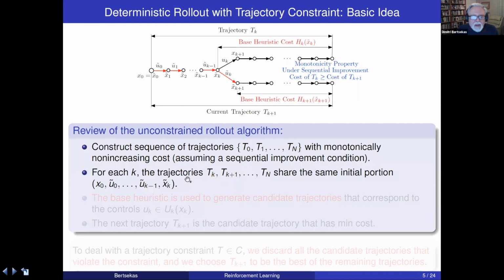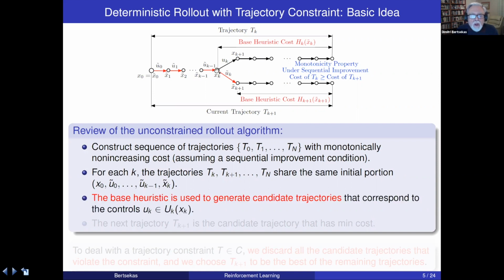Now, at any stage k, the trajectories from k onward share the same initial portion. In other words, at the time k, we have already selected k controls, and we have gotten from the initial state to this state x tilde k.